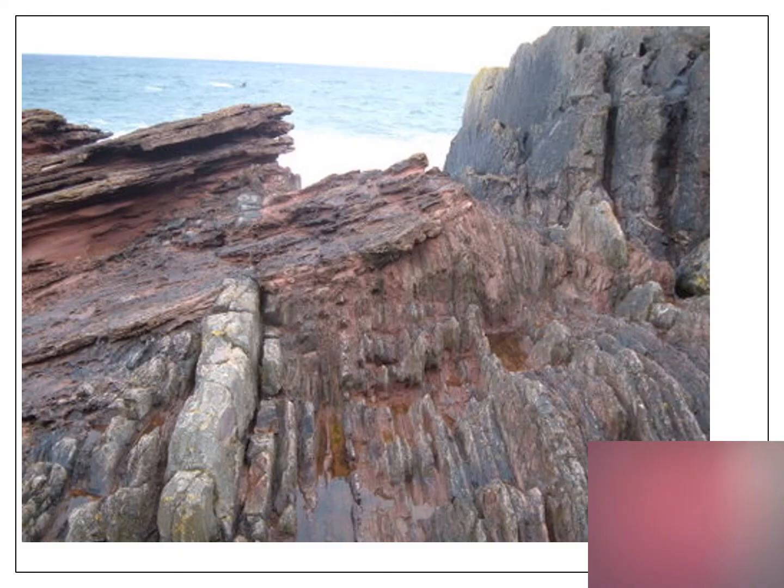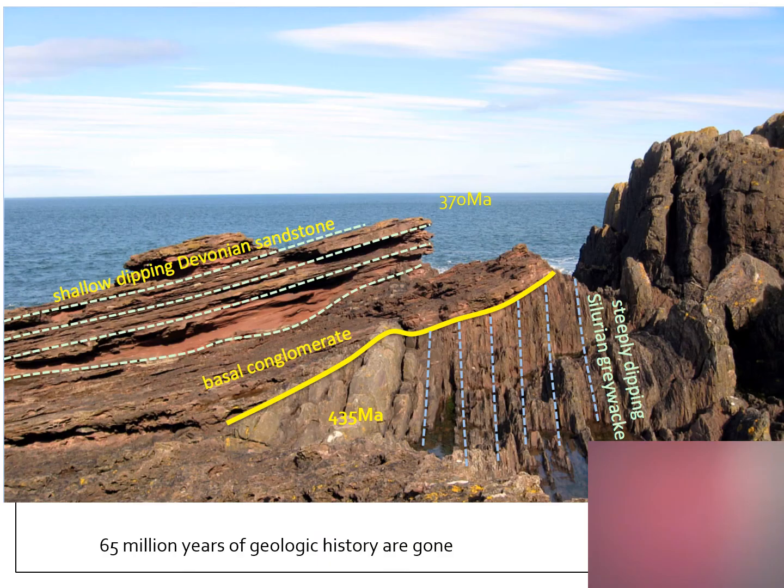And this is Siccar Point. This is the unconformity surface right here, between the rocks that are tilted below and these rocks that are on top. See that a little better right here. So these rocks are greywacke, Silurian in age, 435 million years old.